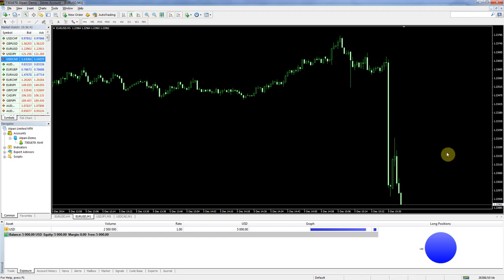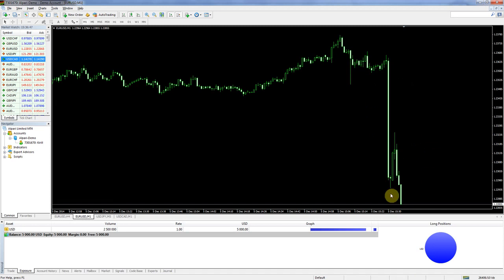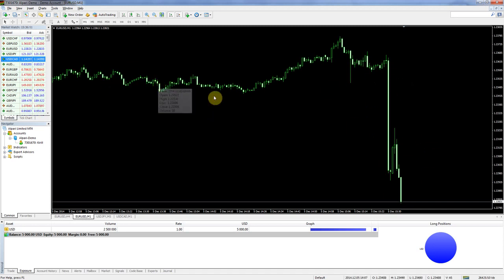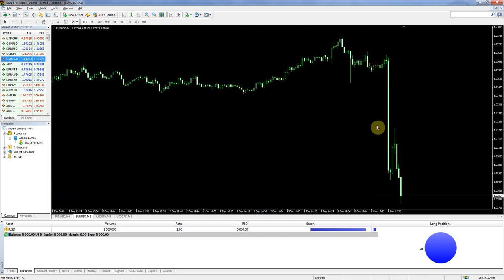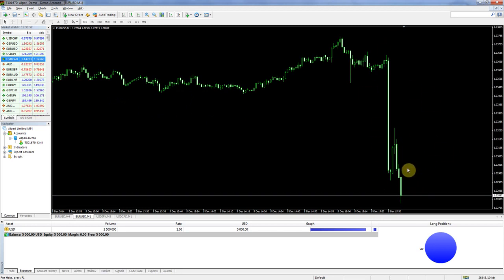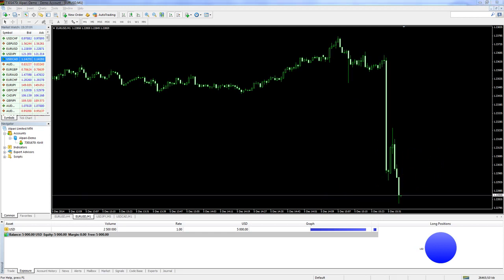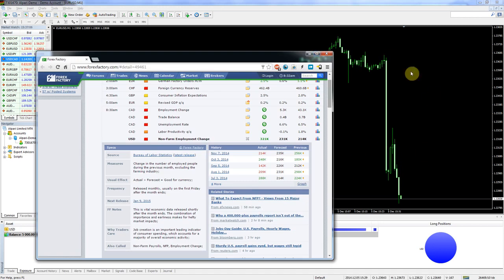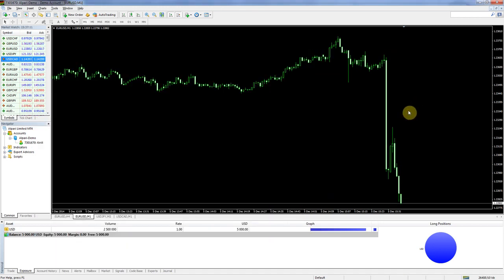Personally, I try to avoid situations like this, because if my Forex robot or my technical analysis has a certain pattern it's looking for, things like this can really skew the results. So using the Forex calendar can also be beneficial for those who use technical analysis, because it allows you to avoid situations like this.